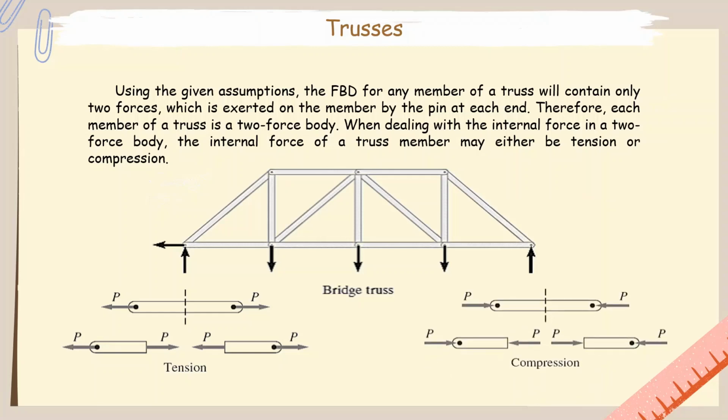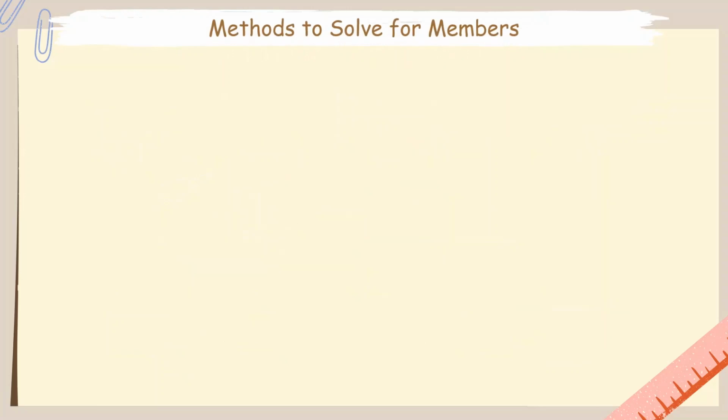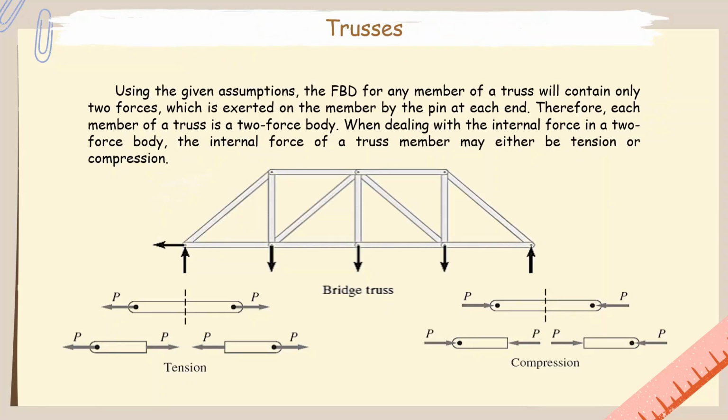Gina-compress ang member. Okay, so by the way, why is it important that we have to identify which members are tension or which members are compression? For example, this one is an example of a truss. Why is it important na sabihin natin, oy, dito tension yan, compression yan dito, tension yan, compression yan dito?